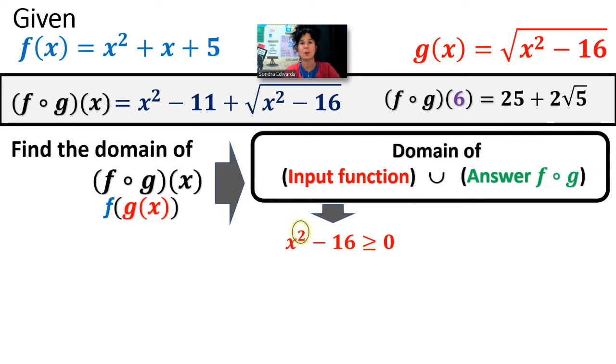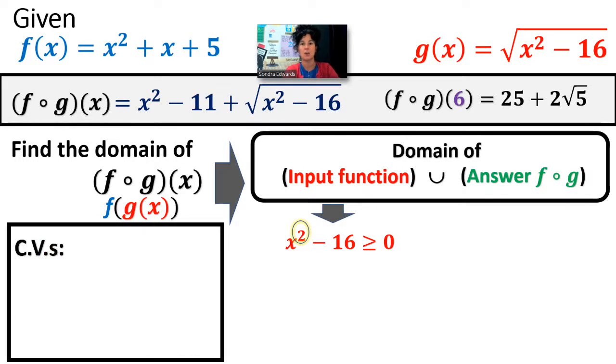Anytime we have an exponent greater than 1 and we're working with an inequality, we're going to need to find critical values. In other words, you simply replace the inequality with an equal sign, and then you solve this mini equation here.